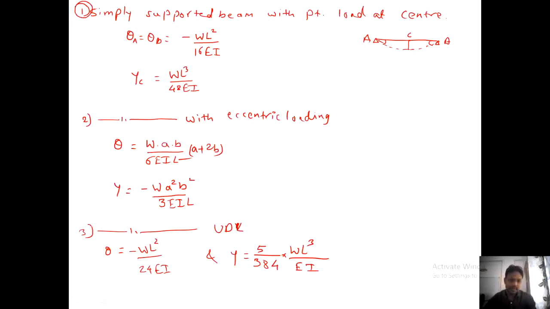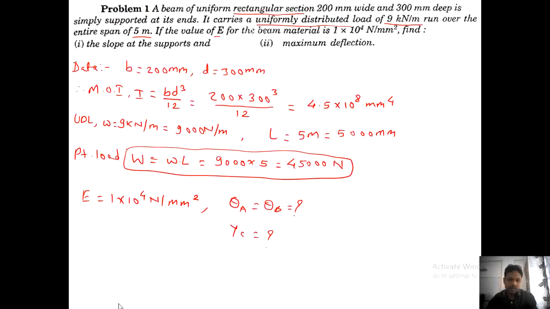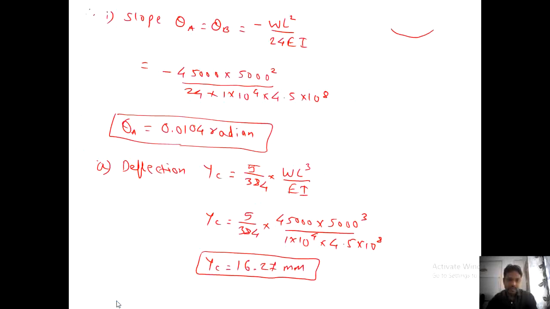We have recently solved numerical for the third case, UDL and simply supported. So theta A, theta B is minus WL square by 16 EI and deflection is WL cube by 48 EI. Only two formulas are to be utilized and just solve the numerical.